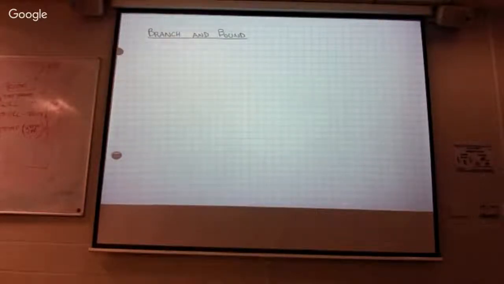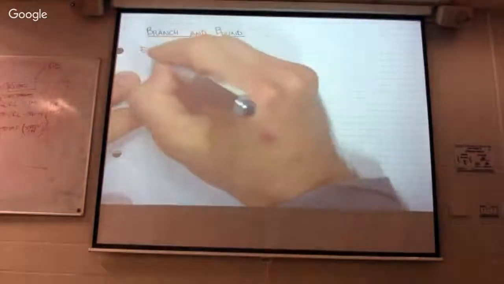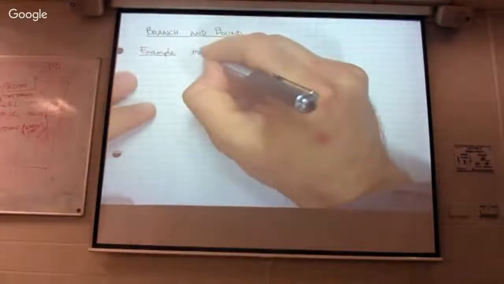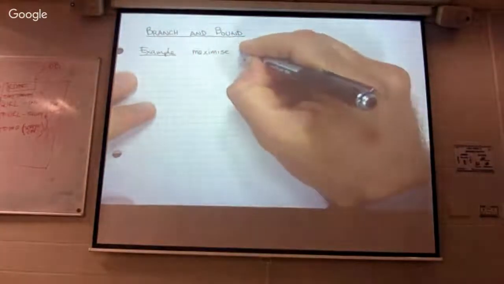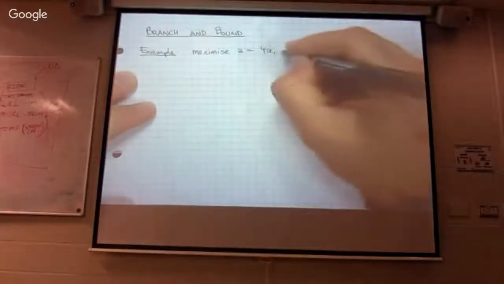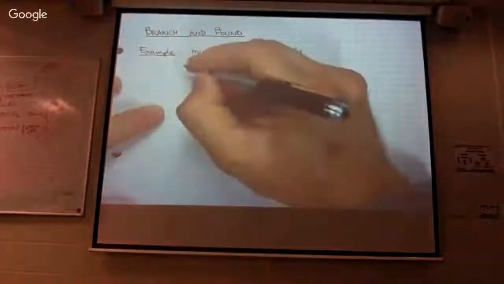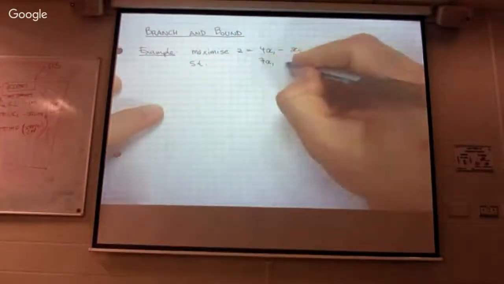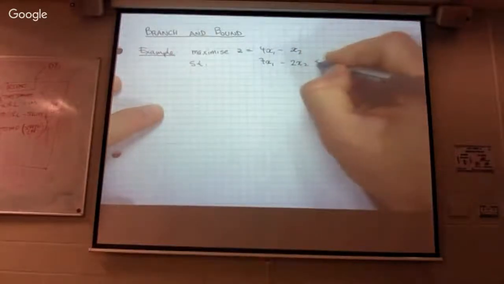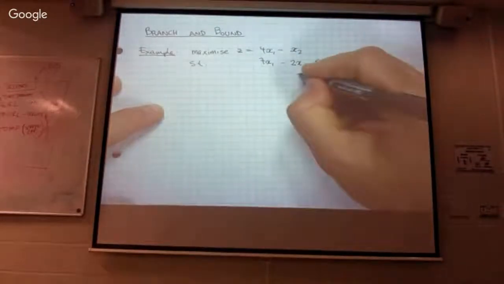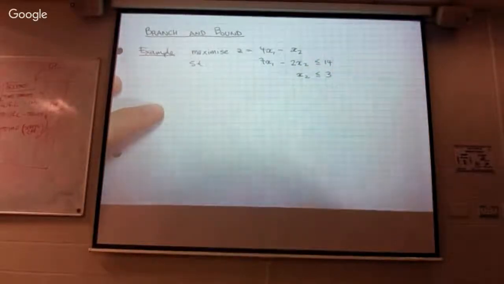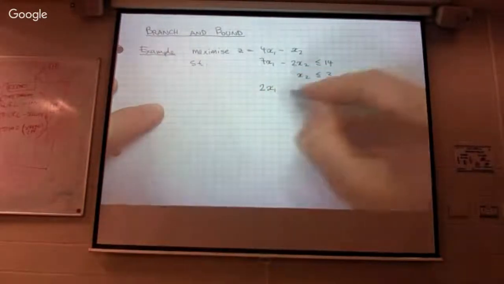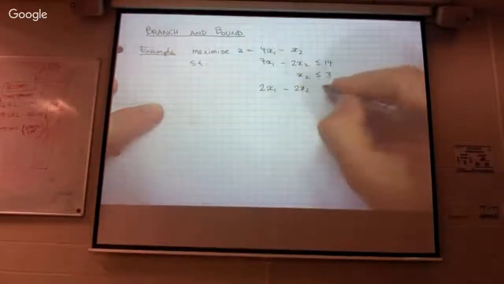Okay, let's have a look at the following example. It's quite a simple example. To maximize, there's only 2 variables. 4x1 minus x2 is the objective, and the constraints are 7x1 minus 2x2 is less than or equal to 14, x2 is less than or equal to 3, and 2x1 minus 2x2 is less than or equal to 3.